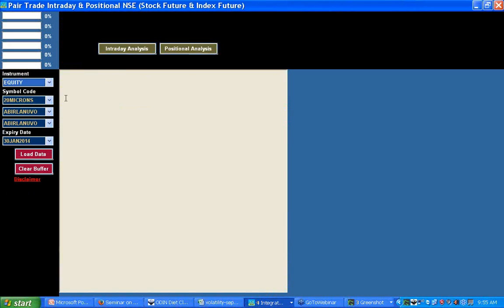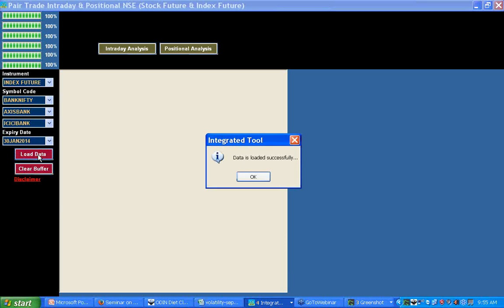I'll be going for index future Bank Nifty, Axis Bank, and ICICI Bank. Load data. Then I have to do the analysis here.